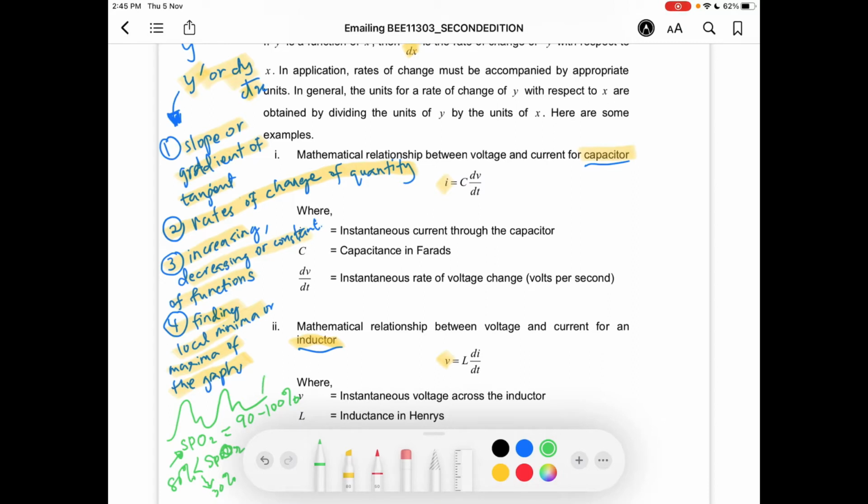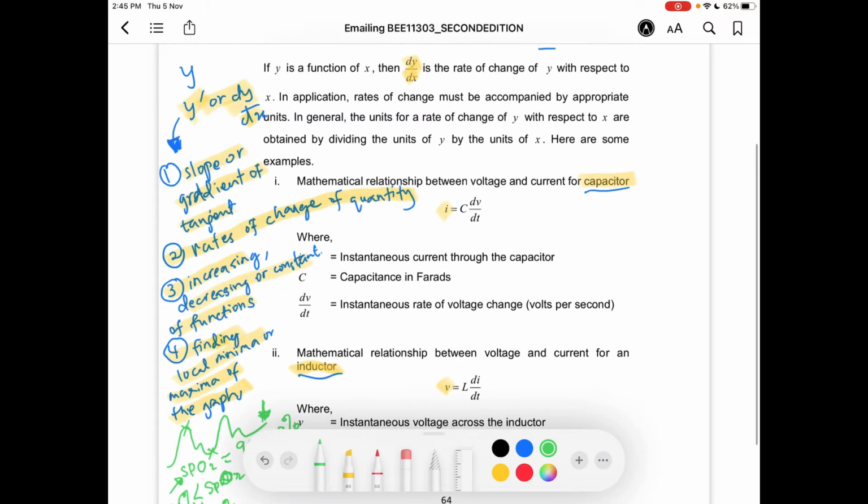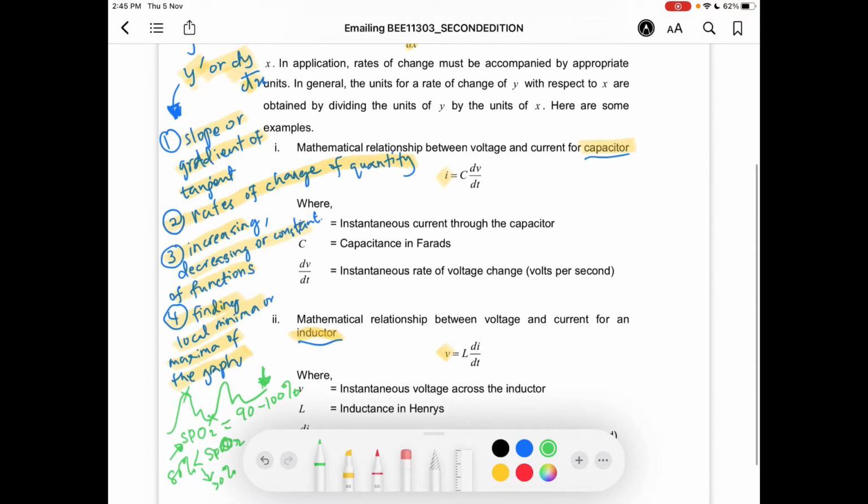If we know the function of this graph, we can use the y prime here to get the local maxima or the local minima. That's the general application of differentiation.